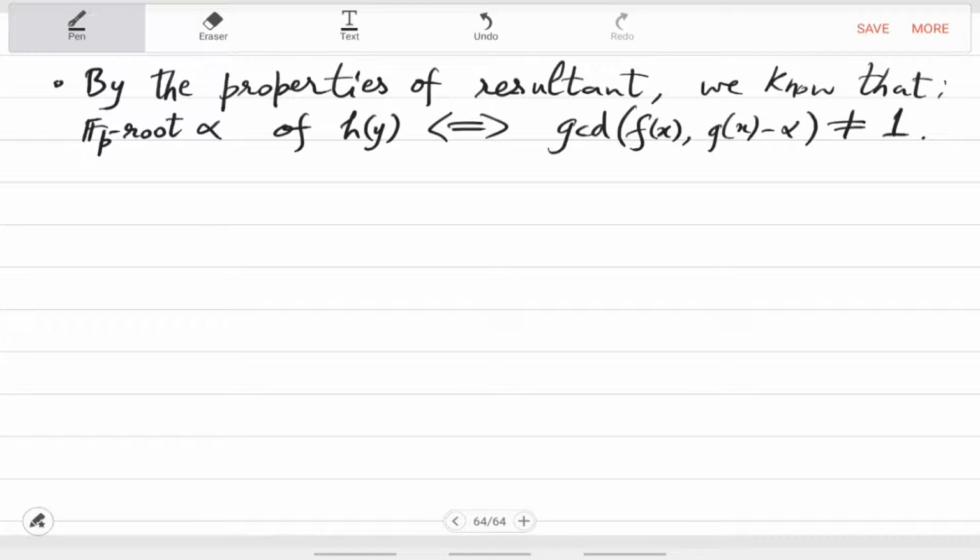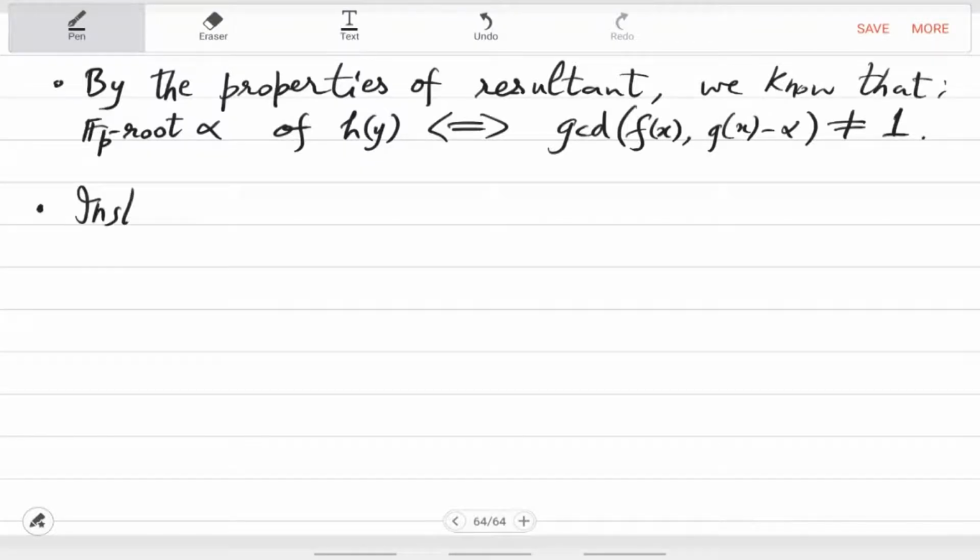So any questions about this? This is the main crux of the proof, right? You observe the GCD is non-one if and only if alpha is a root of the resultant. So you compute the resultant and factor it. This is the constructive proof.